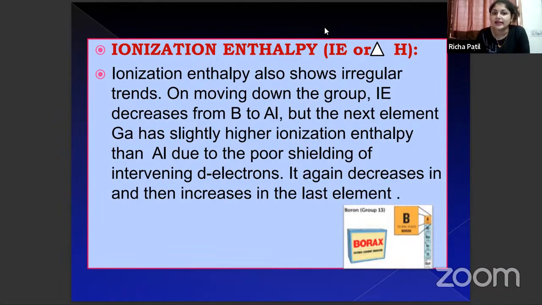Then gallium has a slightly higher ionization enthalpy than aluminium due to the poor shielding of the intervening d orbitals. It then decreases again and increases again for the last element. So this is the ionization enthalpy.